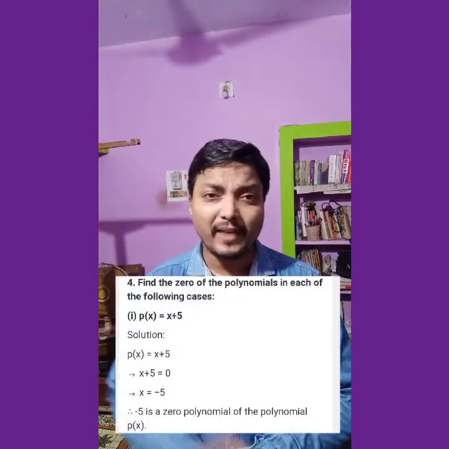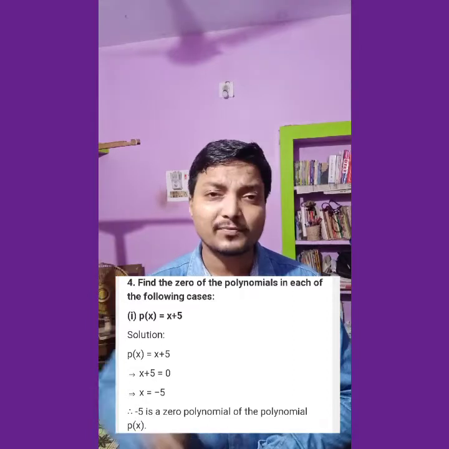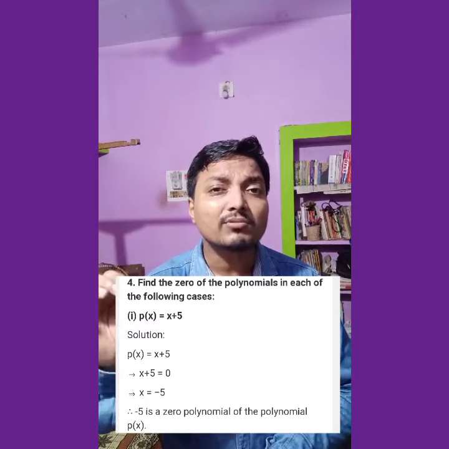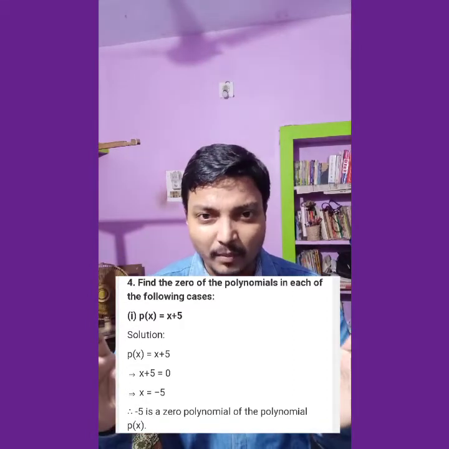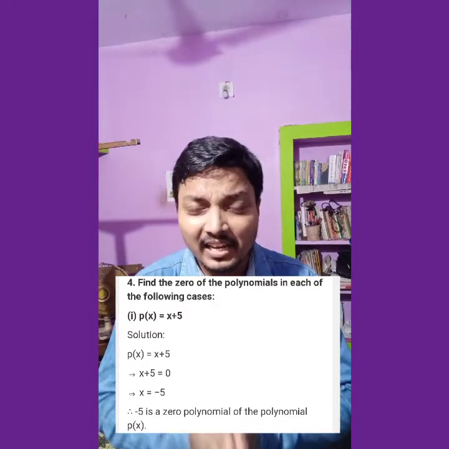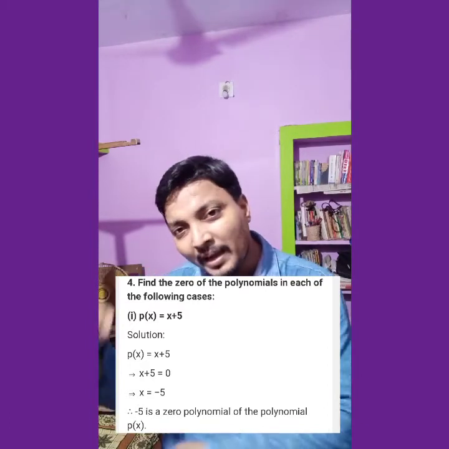Okay. Regarding this logic, we have to do question number 4. In question number 4, the polynomial P of x is given as x plus 5, and you have to find the 0 of the polynomial. The shortcut formula is to compare the polynomial to 0.